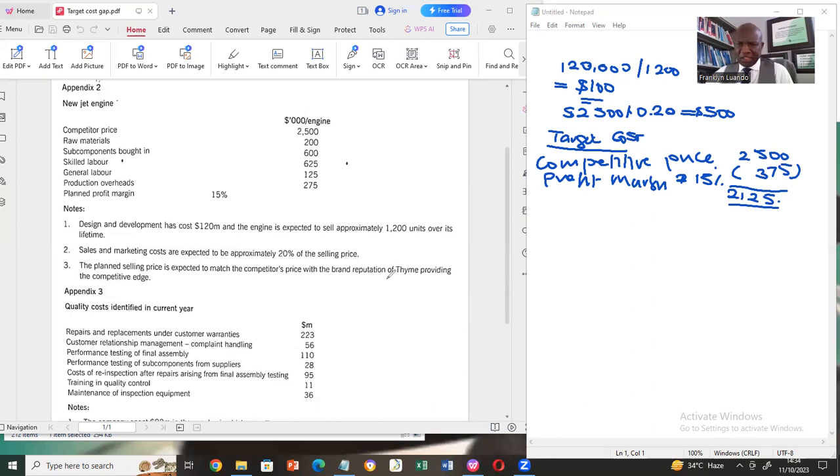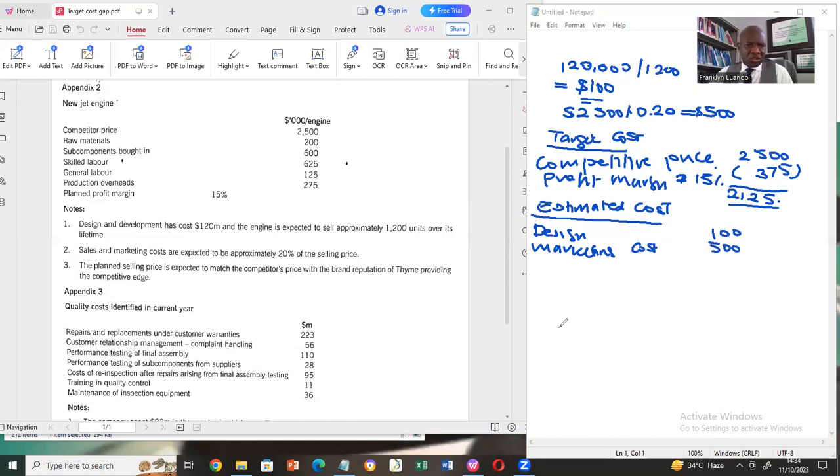But now, what is the estimated cost of producing this engine? We already have note 1 there, design cost, we calculated 100. Marketing costs, we have calculated 500.